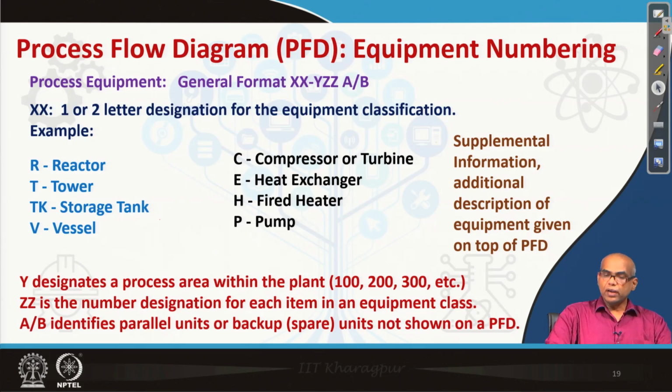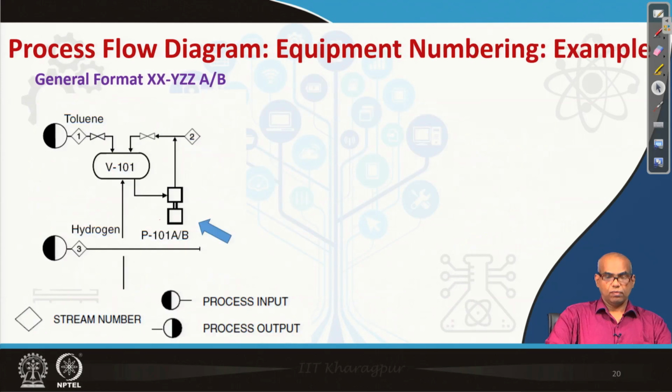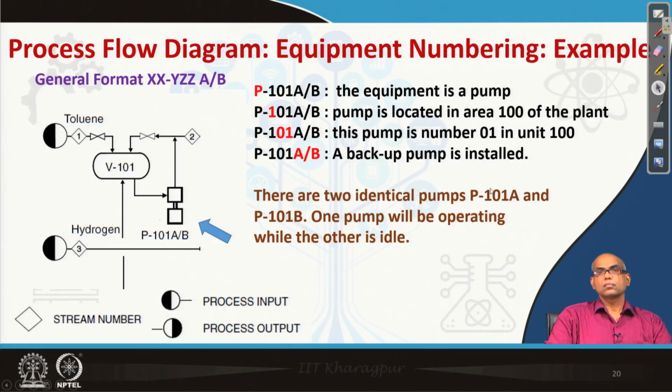Supplemental information or additional description on equipment is given on top of the process flow diagram. Now, let us take an example to understand it better. What you see is a part of a process flow diagram. Let us look at the equipment P101 A/B. What does it mean? The letter P means the equipment is a pump.